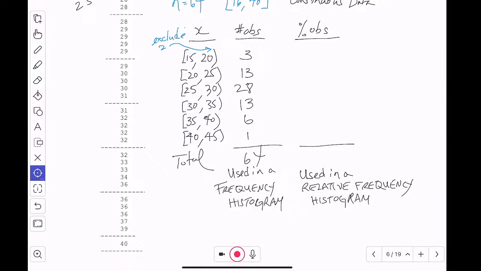So what is relative? Well, statistics is about average and relative measures. We're going to make a relative number of observations by computing 3 divided by the total 64. So what percentage of observations fall into the first interval?